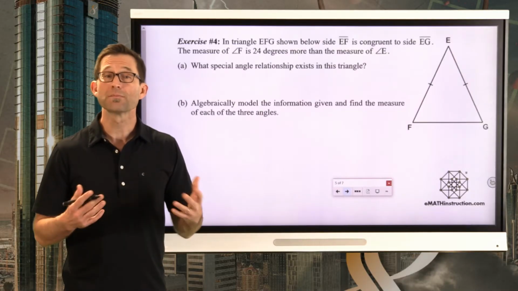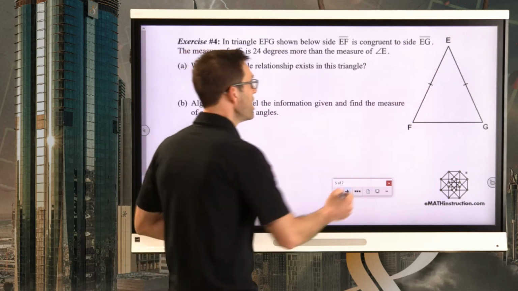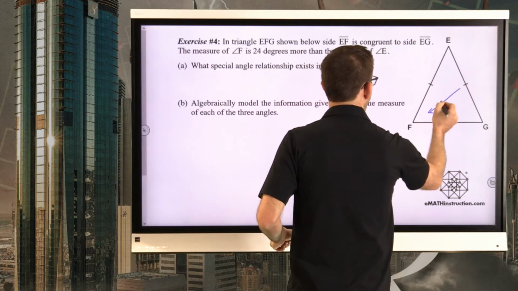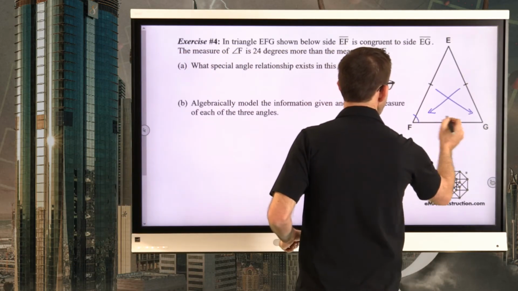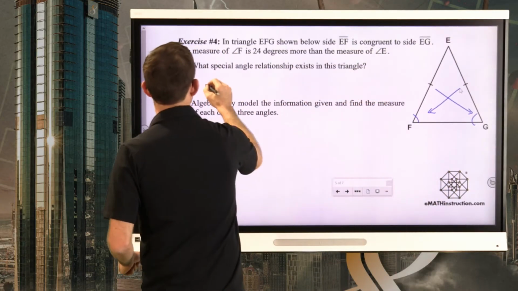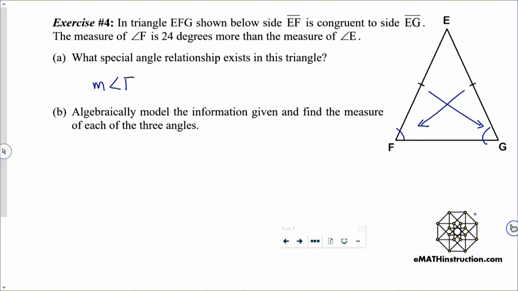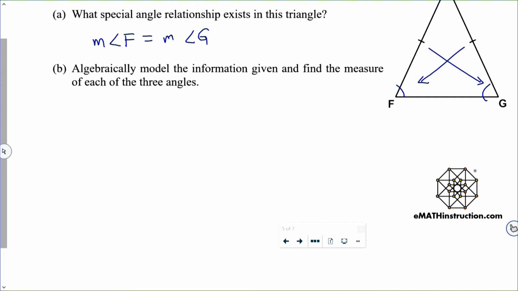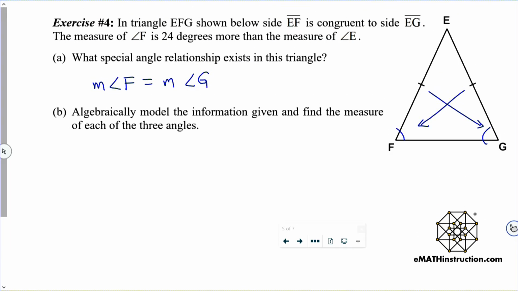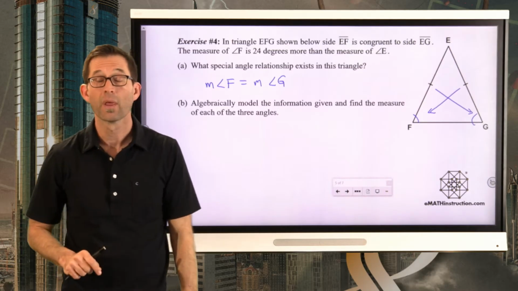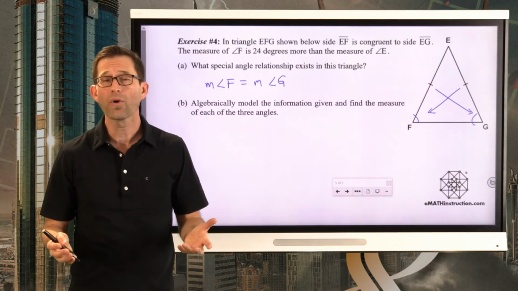All right, well, the special relationship that exists is the fact that the angles that are opposite of those equal sides are also equal. So in other words, the measure of angle F is equal to the measure of angle G. So, right, how do we use that?